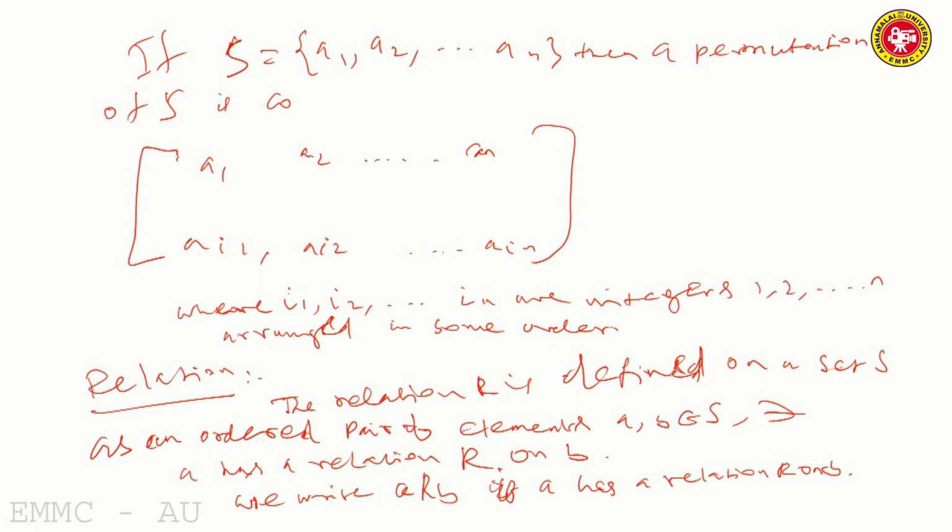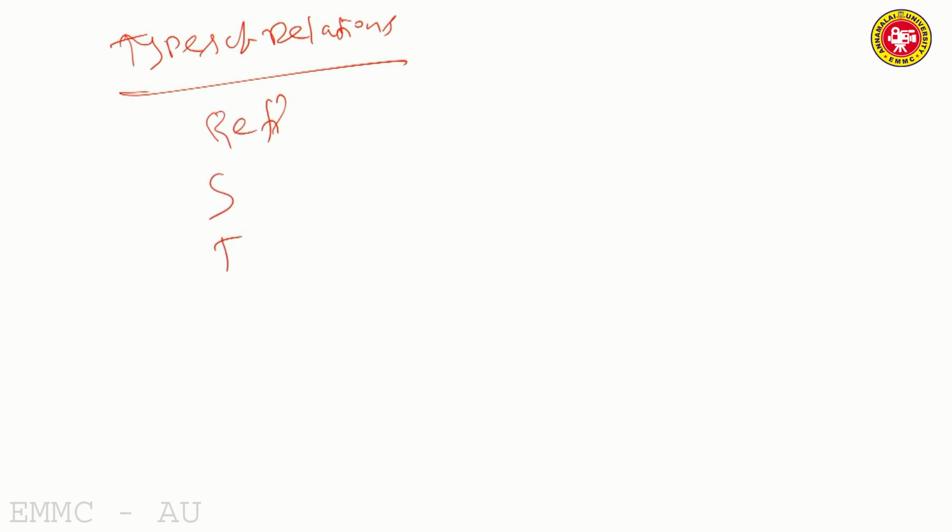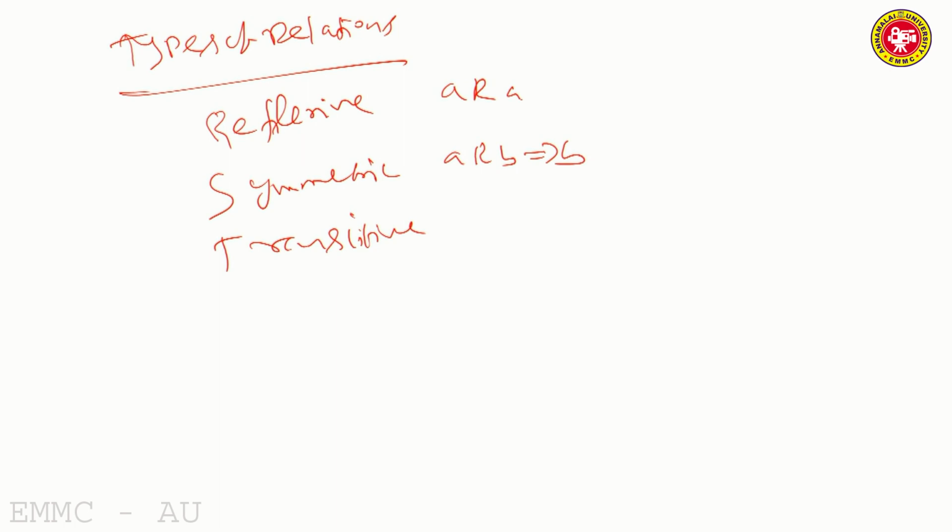Then we have types of relations: reflexive, symmetric and transitive. A relation A, this is reflexive. A relation B, which implies B relation A, this is called symmetric.